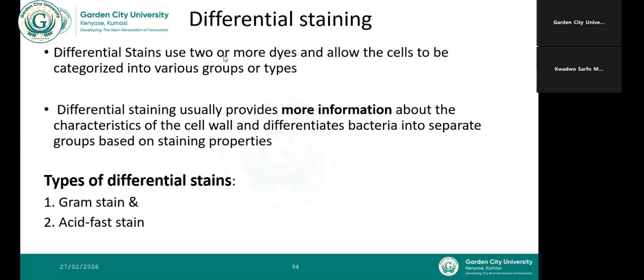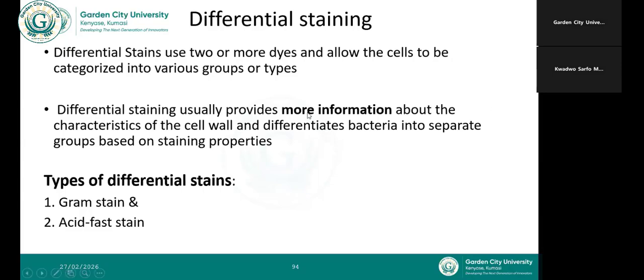Here you use 2 or more dyes of different colors, so biological dyes or stains, and then you can apply them sequentially. In between, you wash, you decolorize, and then you're able to detect the one which picked the first or the second biological stain.